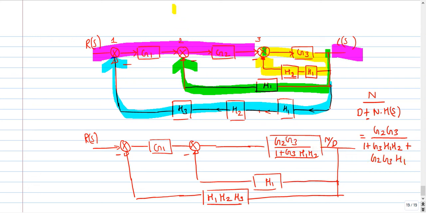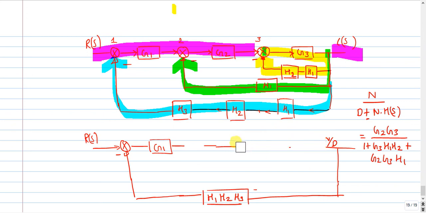So let me erase this and I will rewrite. So this summing point will be eliminated and we are left with one block. So the same block I will write: G2, G3 whole divided by 1 plus G3 H1 H2 plus G2 G3 H1.